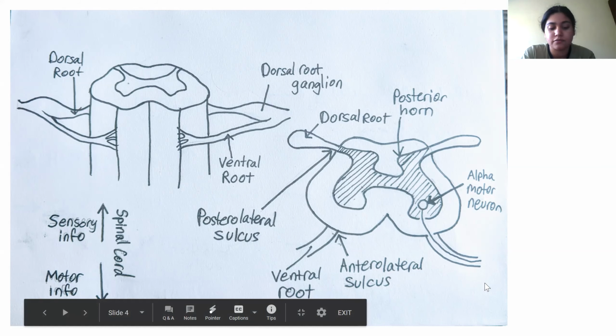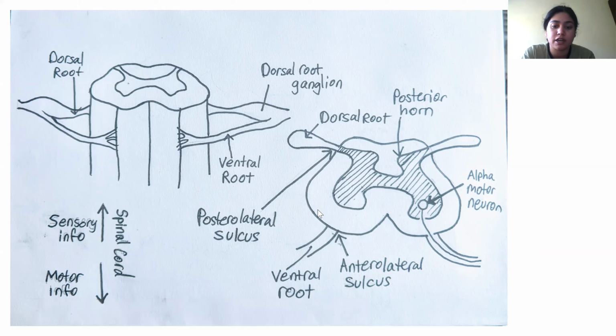And so the shaded area contains the cell bodies mostly, while the unshaded area holds the axons, and the axons create the ascending and descending pathways to and from the brain. These pathways are called funiculi. And the ascending ones generally carry sensory information to the brain, while the descending ones generally carry motor information to the body.